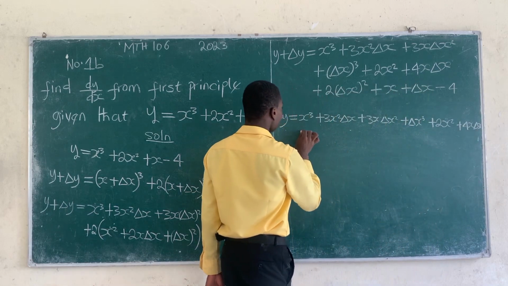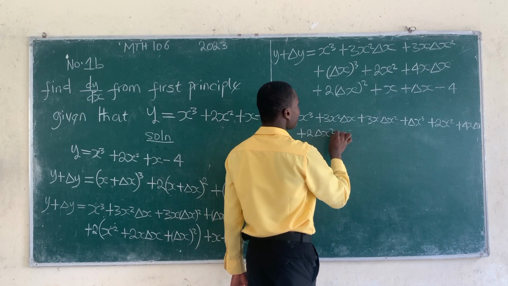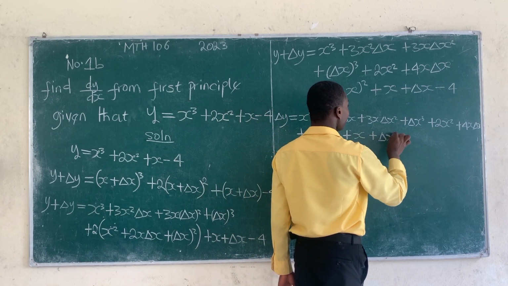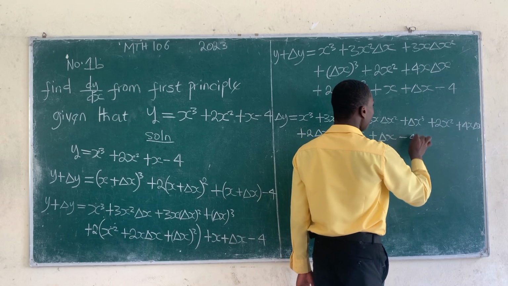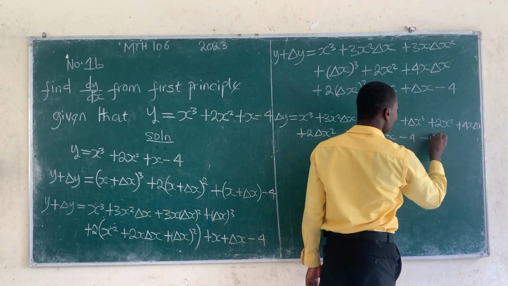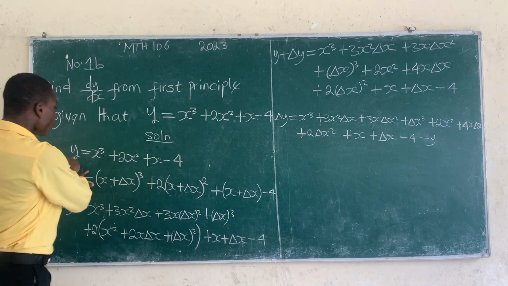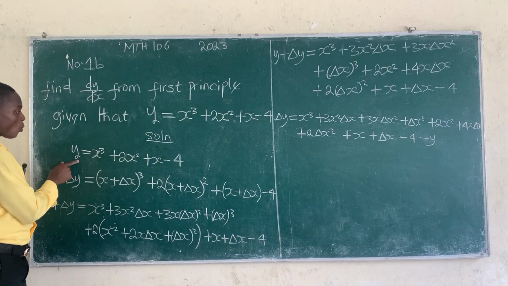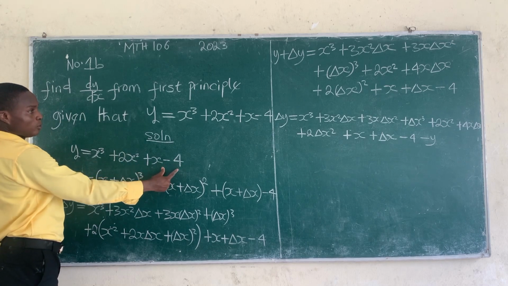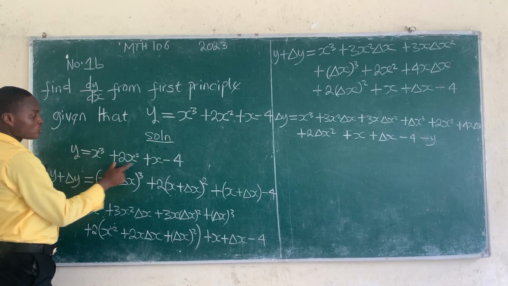Next one there is plus 2 increase in x square plus x plus increase in x minus 4. Then y crossover becomes minus y. So the next thing we are going to do is, we know what y is. From the question, y is equal to x cubed plus 2x squared plus x minus 4. So in place of y there, we are going to substitute this.